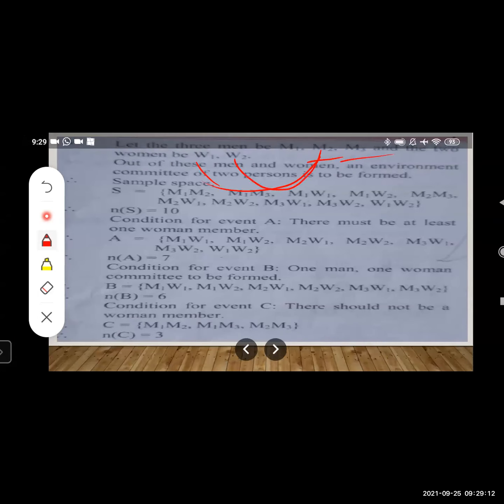And in the last outcome possibilities, M3 again goes to W1, M3 again to W2. Like this, different combinations are formed, and we will write them in the sample space. So in all, if you count together, these possible outcomes are 10. So we will write that the total sample points of the sample space are 10.